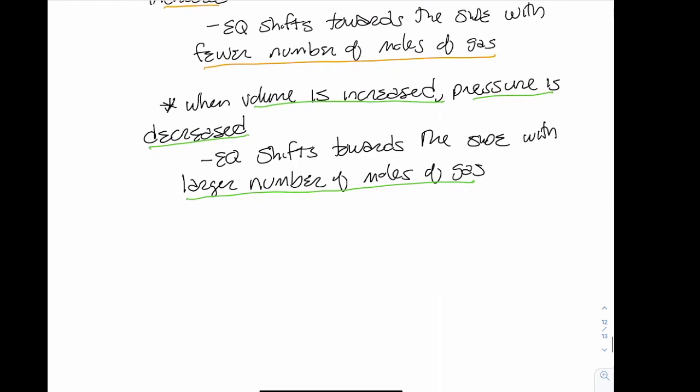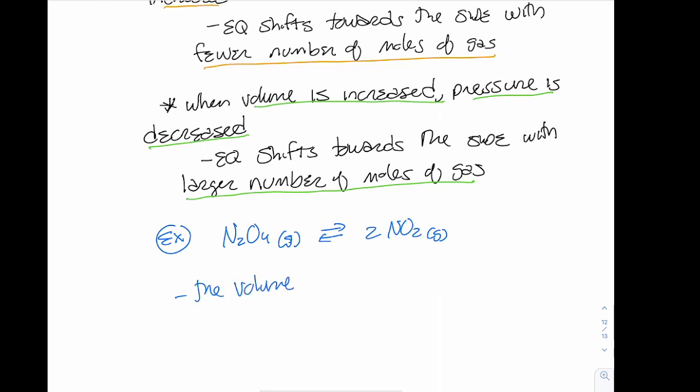An example for us: N2O4, that's a gas, and then 2 NO2 gases. So kind of the same thing, which way will it shift if, so our first one, let's say the volume is decreased.